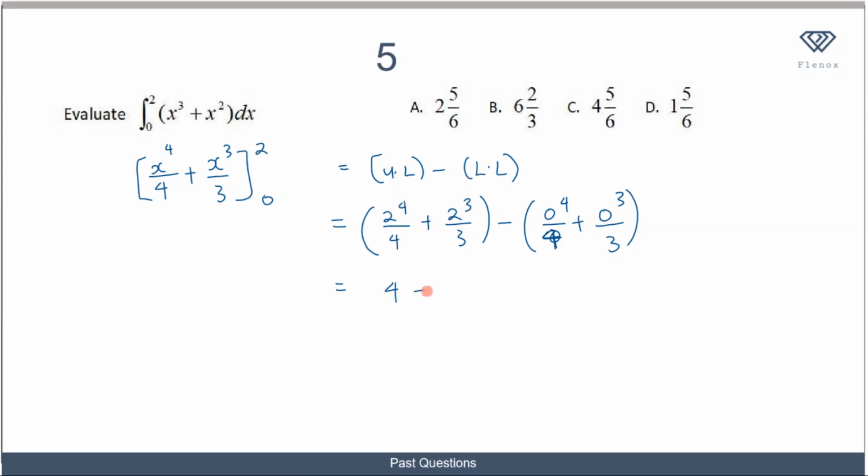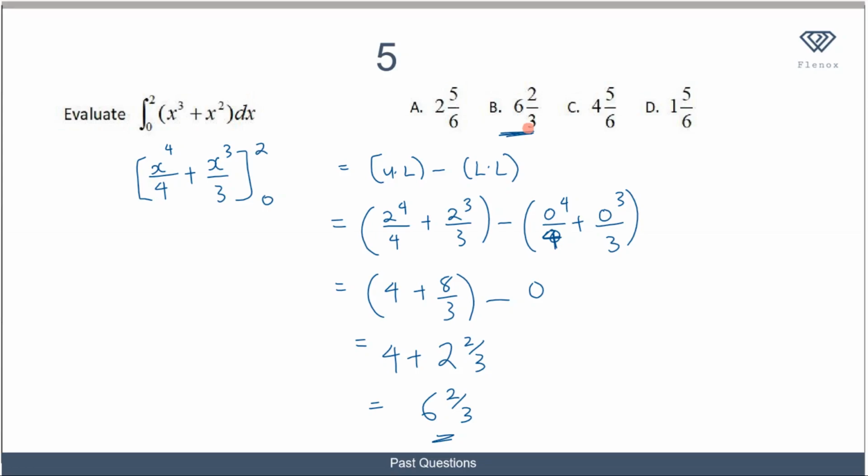So I have 4 plus 2 raised to the power 3, which is just 8, so I have 8 over 3. And this becomes 0 over 4 is 0, and 0 over 3 is 0, minus 0. So this becomes 4 plus 8 over 3, which is 2 and 2 over 3. So when I add it together, it becomes 6 and 2 over 3. And what option corresponds to that? Option B. So the correct option is option B.